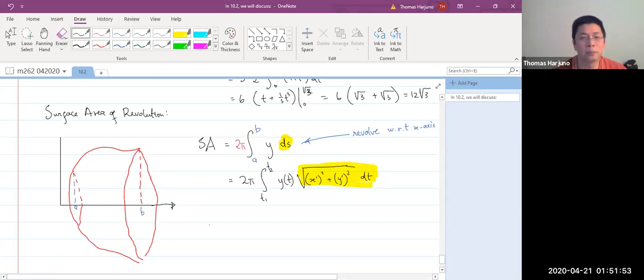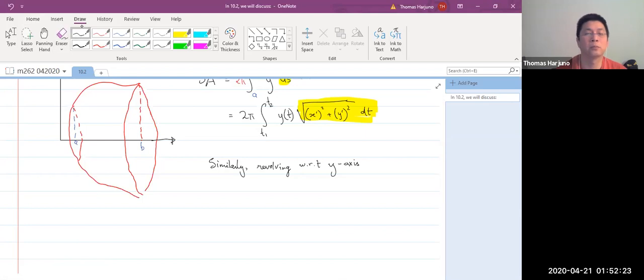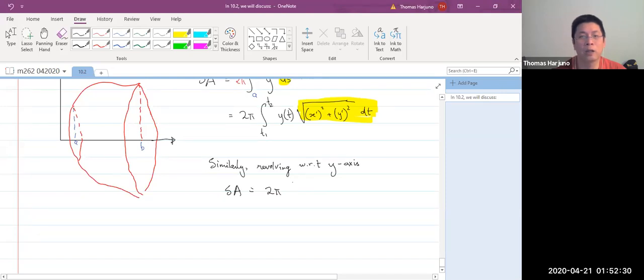Similarly, if we revolve with respect to a y-axis, it will give us surface area equals 2 pi integral from t1 to t2 of x(t) square root of x prime squared plus y prime squared dt.